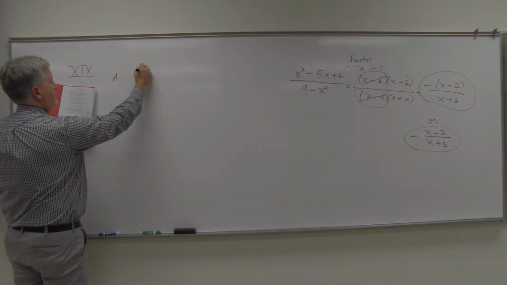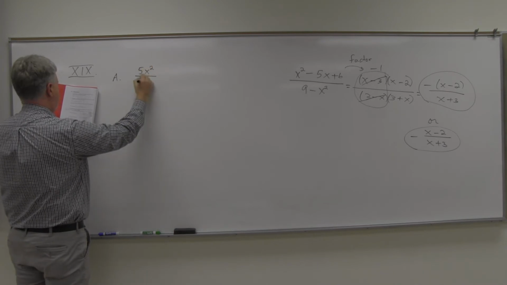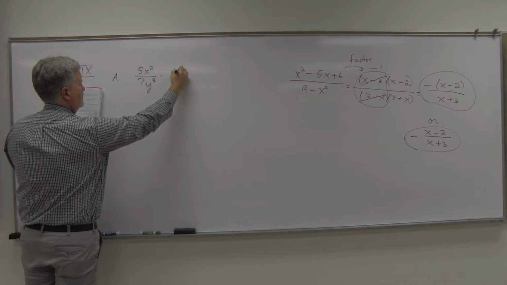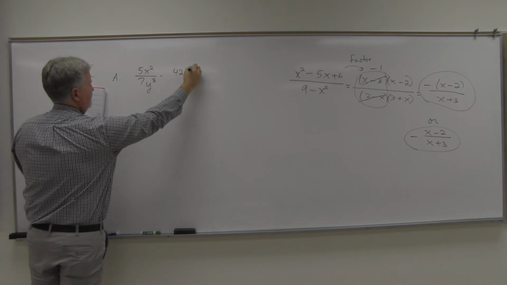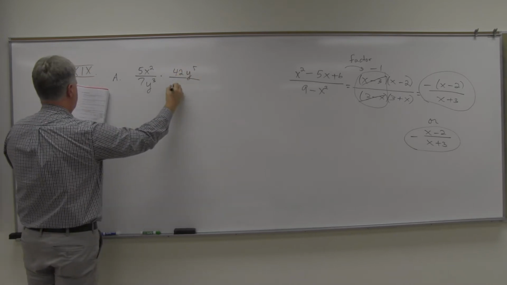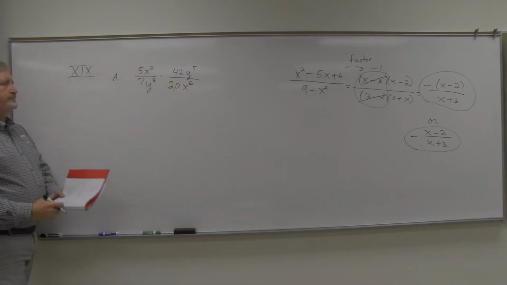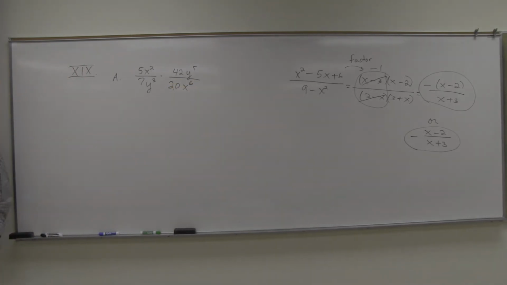So let's go 5x squared over 7y cubed times 42y to the 5th over 20x to the 6th. So when we have these, I guess technically it is factoring, but usually we don't factor those out and cancel.